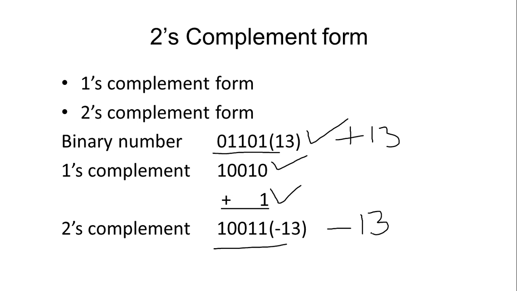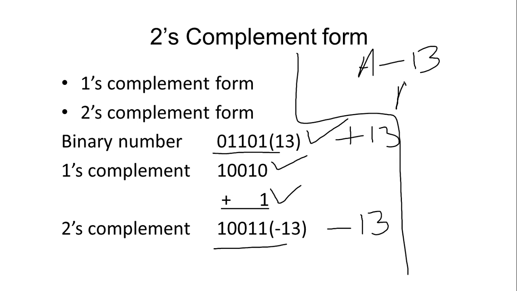So the idea is, if we are going to subtract b from a, a minus b, then by using 2's complement, we will do a plus minus b. We will perform addition of the two numbers a and minus b, by taking the 2's complement of b, and we would be able to achieve subtraction.